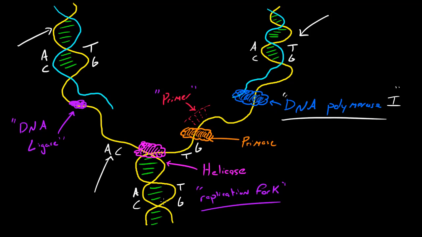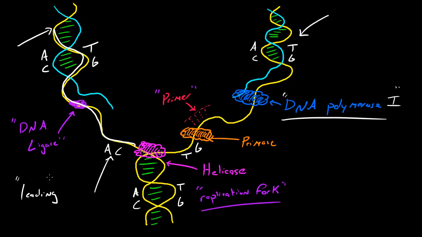So whenever your original parent strand unzips, it's going to split into two strands. Obviously, we know that already. Now the piece that's going to be one continuous piece right here is going to be called the leading strand. So, leading. Now, if you were to look at DNA under a microscope, you're going to see that one side of the DNA is going to grow in a continuous strand.